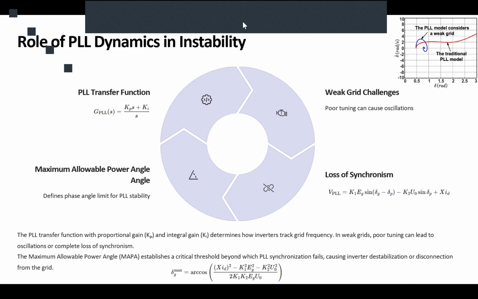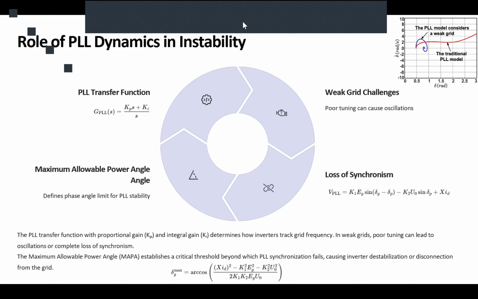Now, there is one parameter that we define when we're talking about the PLL in grid following, and it's the maximum delta that we get. When we're talking about the weak grid, we said in the beginning of our discussion, if we have a weak grid and poor tuning, it could result in oscillation.